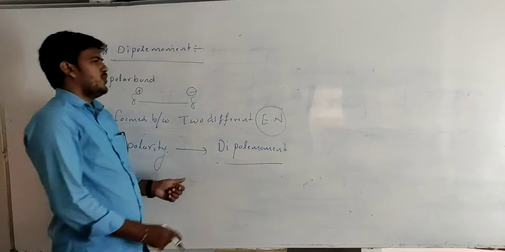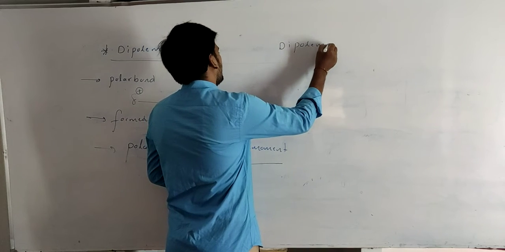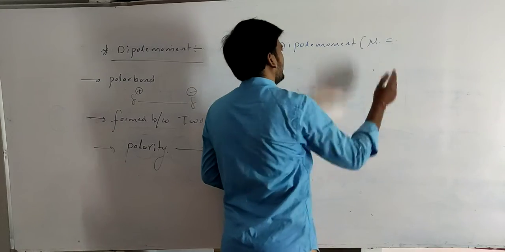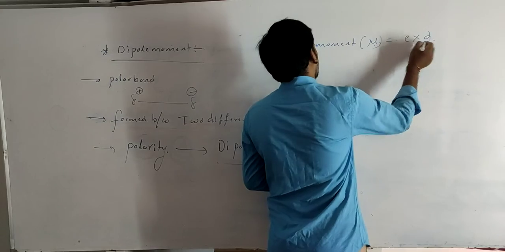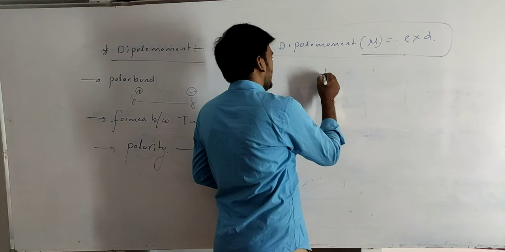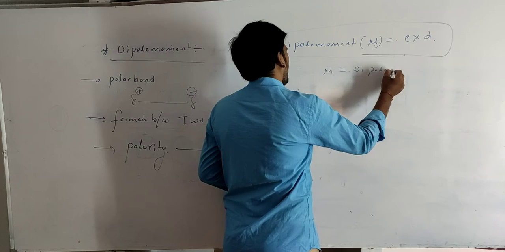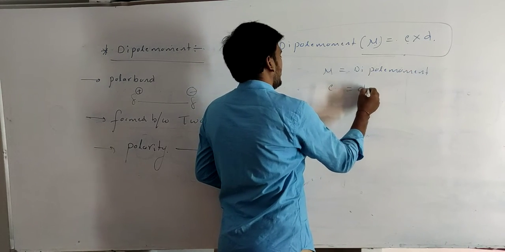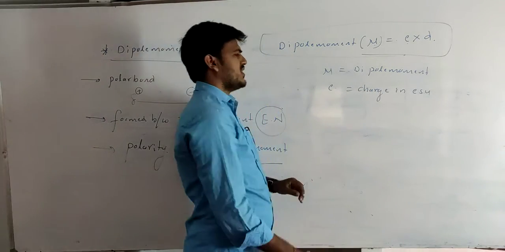So generally the dipole moment symbol is mu. Mu is equal to E into D. Mu is equal to dipole moment, and E is charge, E means charge in electrostatic units.